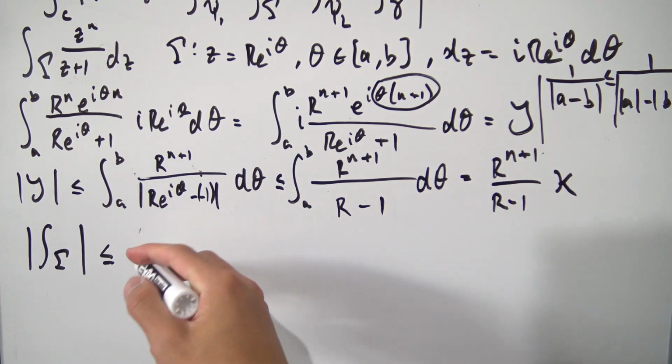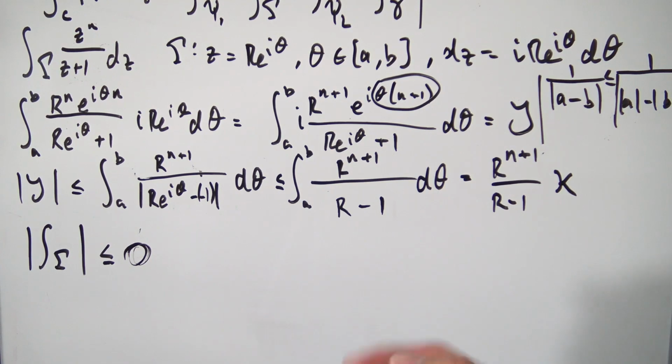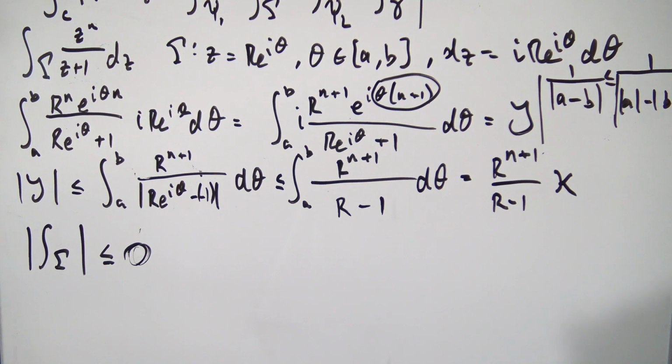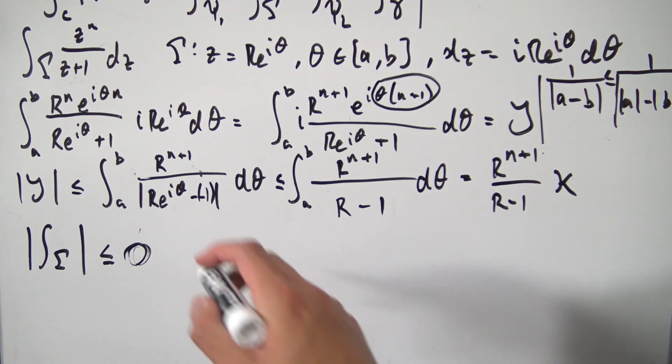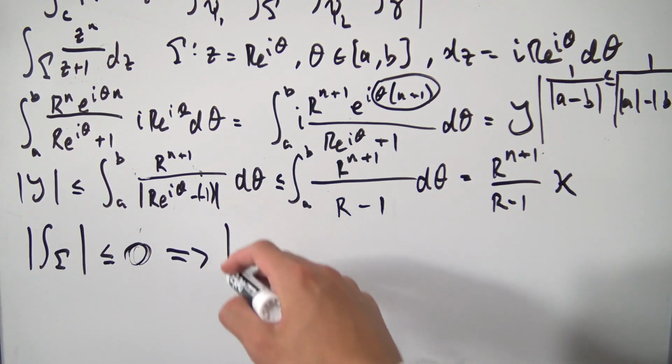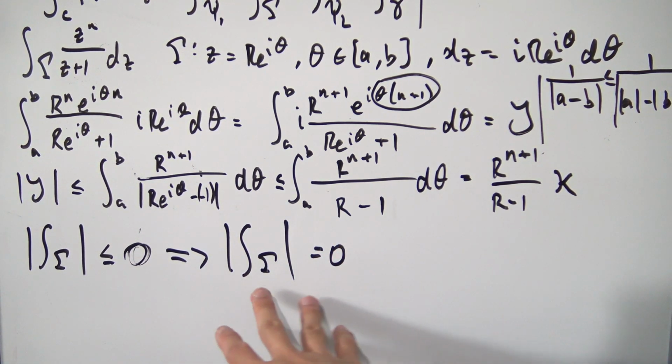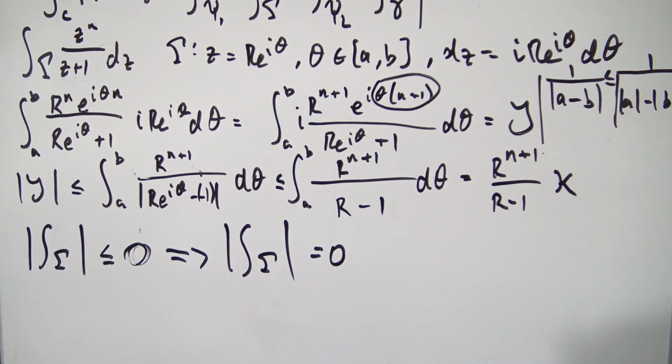If this thing is less than or equal to 0, what does that mean about our actual integral? Well, notice that the absolute value right here is always positive, which means that the only way for this absolute value to be less than or equal to 0 is if it's actually 0 itself. So this implies that the absolute value of our integral is equal to 0, and the only way for this to hold is if the integral is equal to 0 itself.